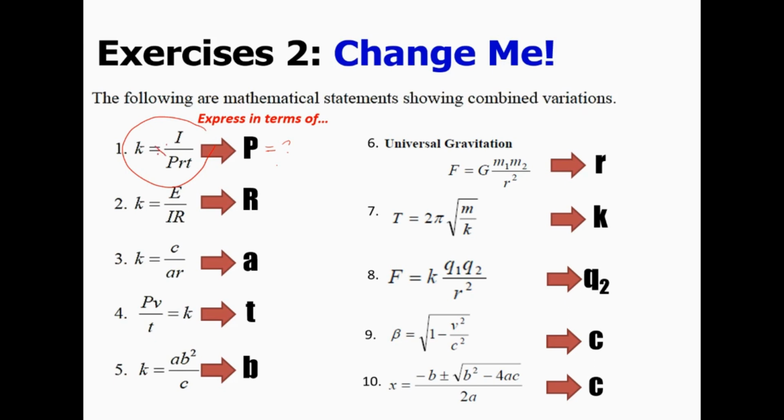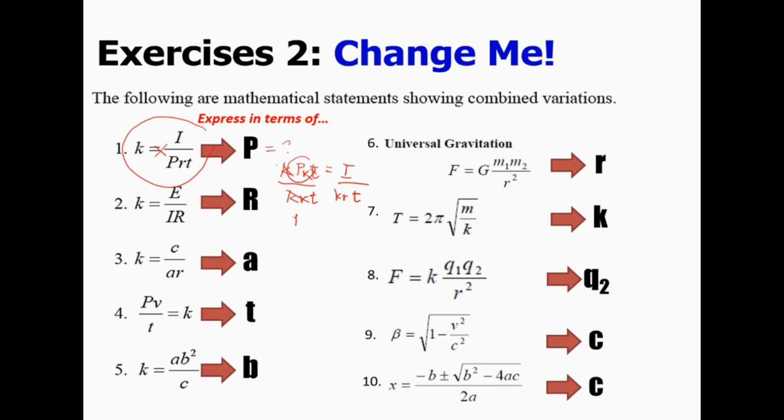So, cross-multiply: K P R T equals I. Then divide all by K R T so that what remains on this side is P. Okay?